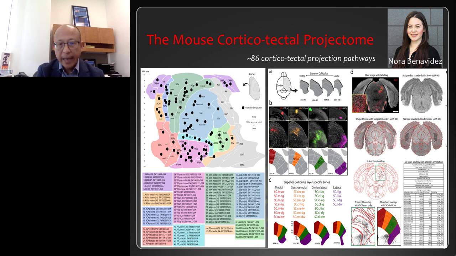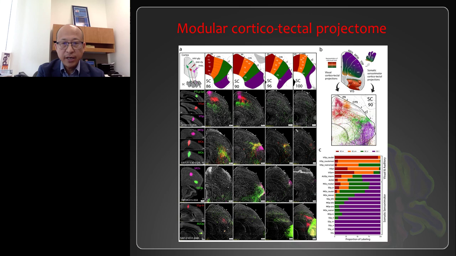Accordingly, based on these connectivity patterns, we subdivided the superior colliculus into 4 different columns. And as we can show here, the different columns receive convergent inputs from different cortical areas.